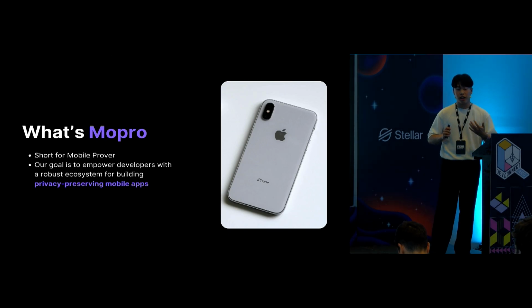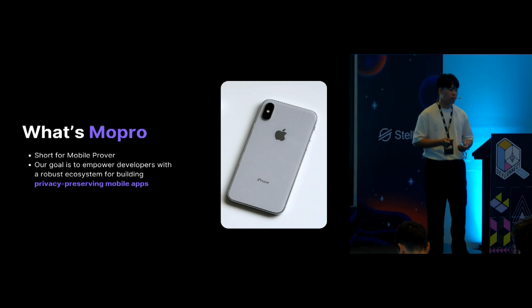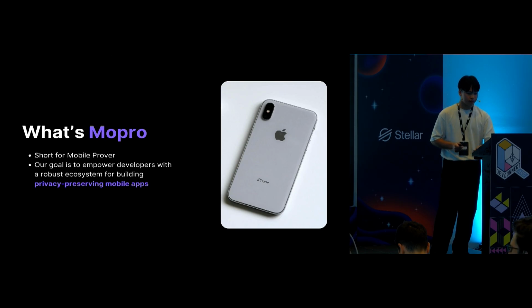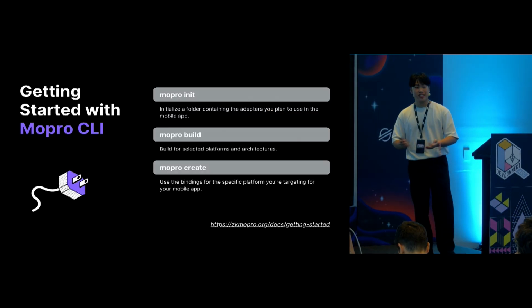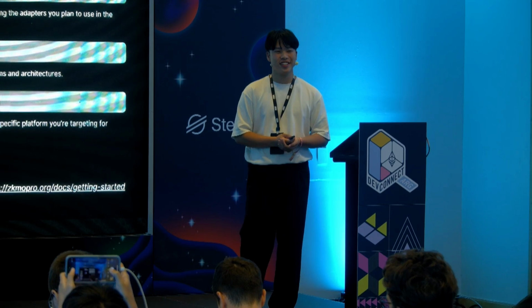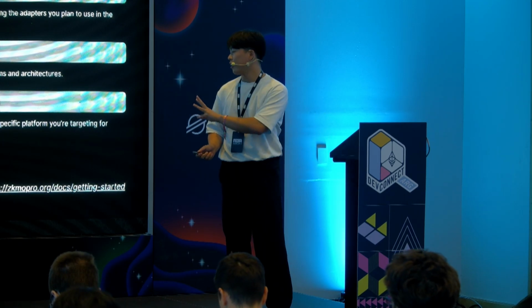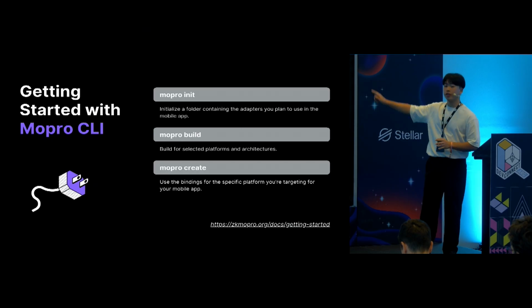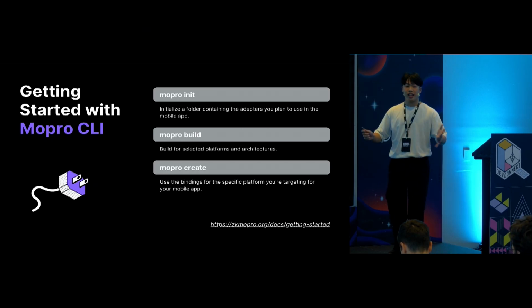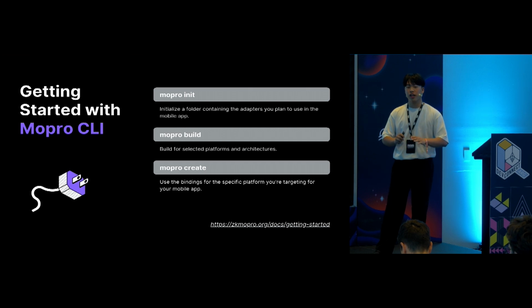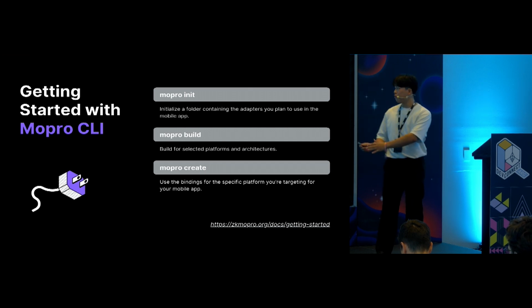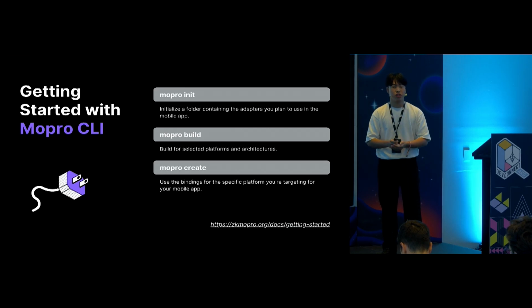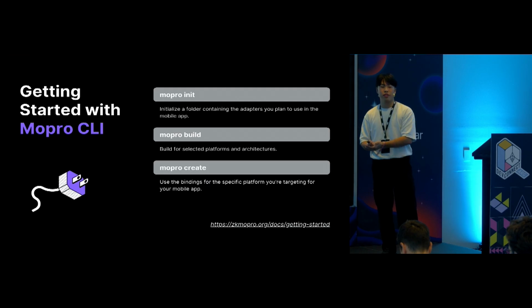Our target is to help developers and projects build privacy-preserving mobile apps. It's actually very easy to use. There are only three key commands you need in this workshop today. First of all, you need mopro init. It initializes a Mopro project, which is essentially a Rust project. Inside it there is a library where you can define what functions or business logic you want to expose to your mobile interface.